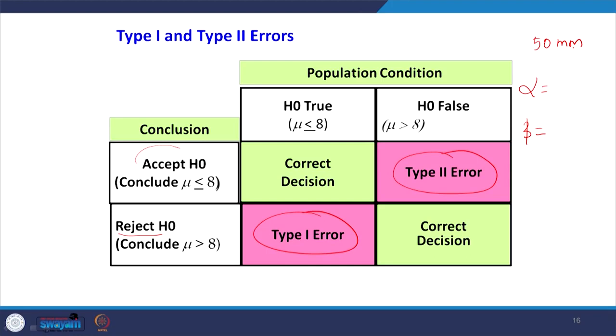There is another possibility. Assume that I am making only 49 mm shafts, and the supplier comes and measures it as 50, though it is 49, and then he accepts my lot. That is false acceptance, called type 2 error.